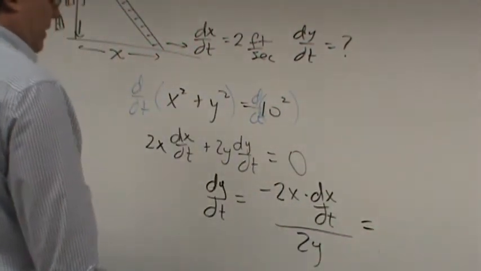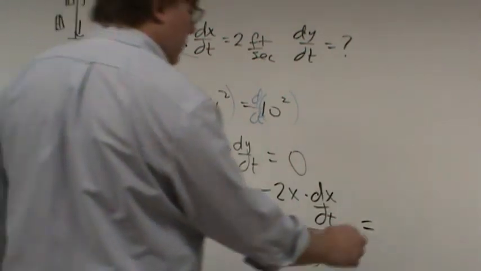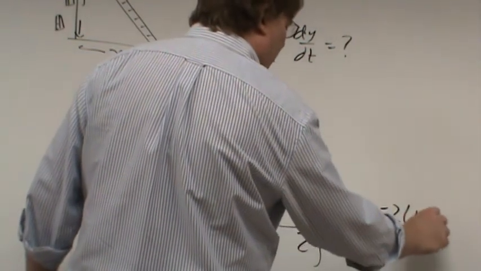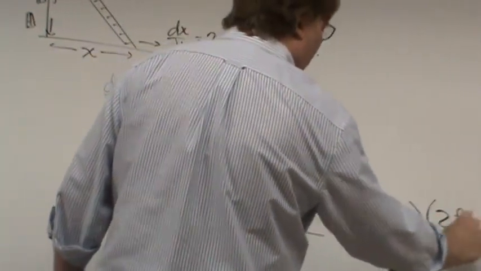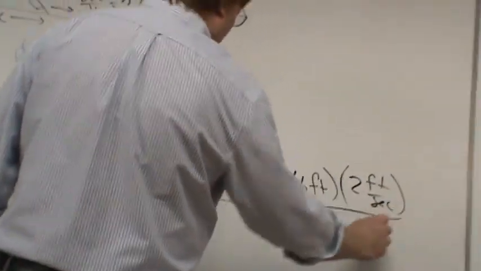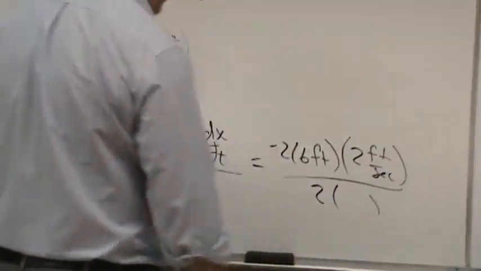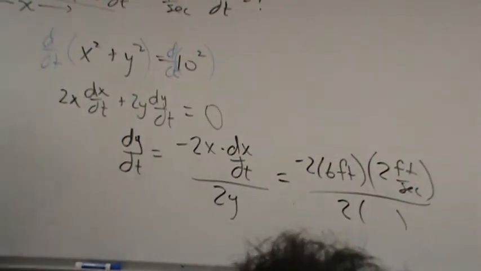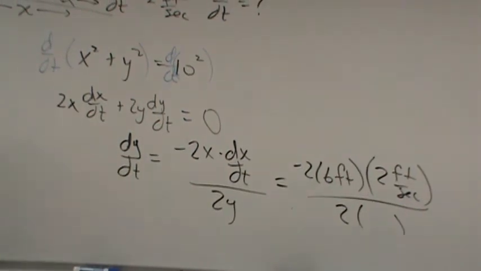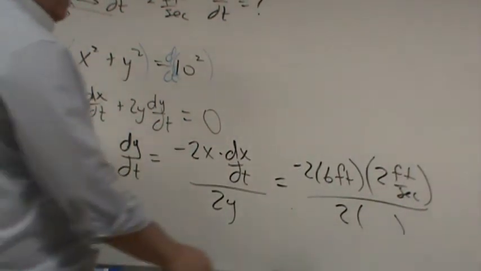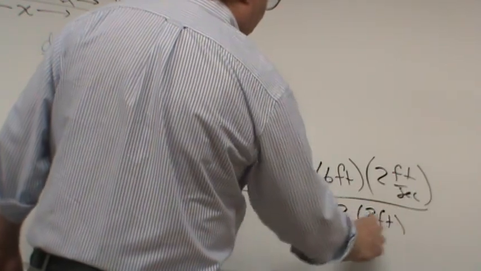This is the part I think that's easy. x is 6. Negative 2 times 6 feet times dx/dt, which is 2 feet per second, over 2 times y. And what's my y? If this guy's 10 and this guy's 6, what's my y? 8. Good. Do you guys know your Pythagorean triples? So that would be 8 feet.